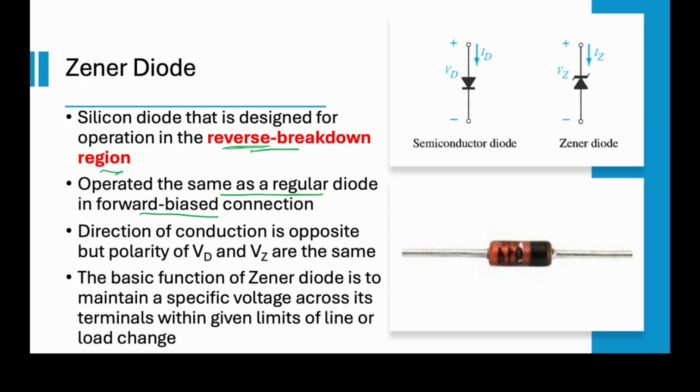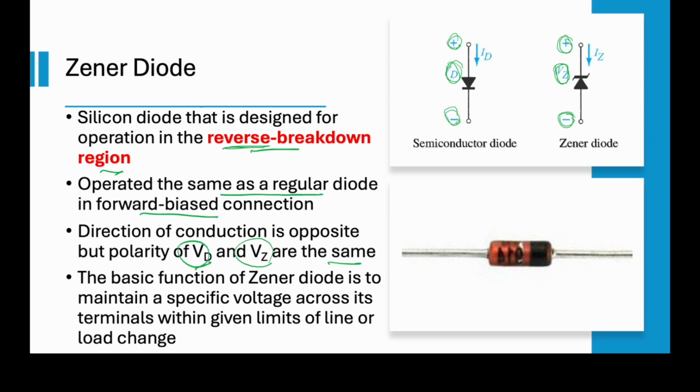So the direction of conduction is opposite, but the polarity of VD and VZ are the same. We can see the polarity now. In the normal diode, the voltage is named VD, and in the Zener diode, the voltage is named VZ. The current will still flow from the positive to the negative terminal of the DC source.